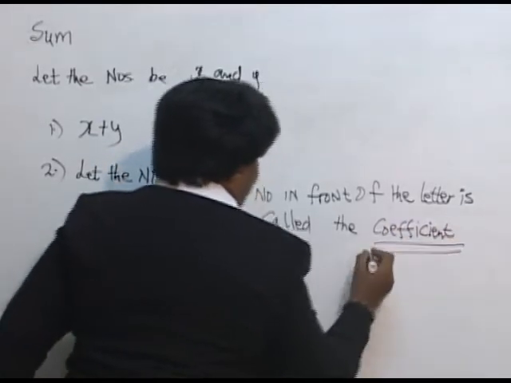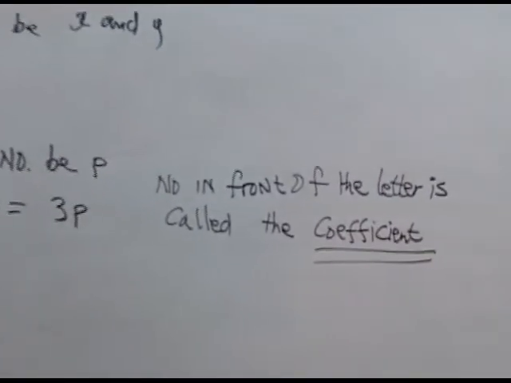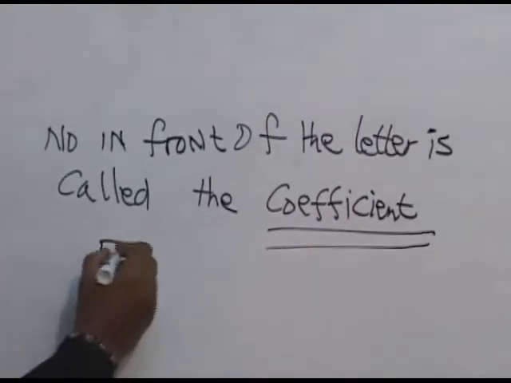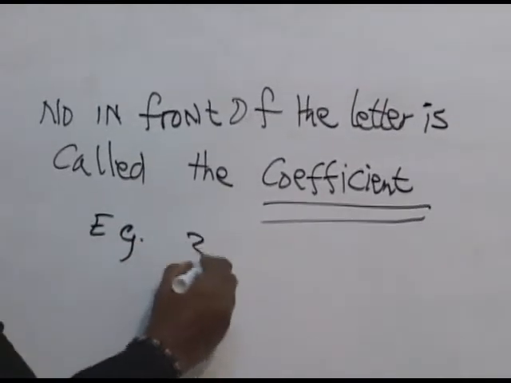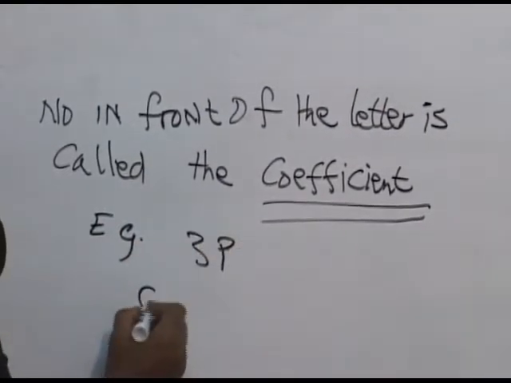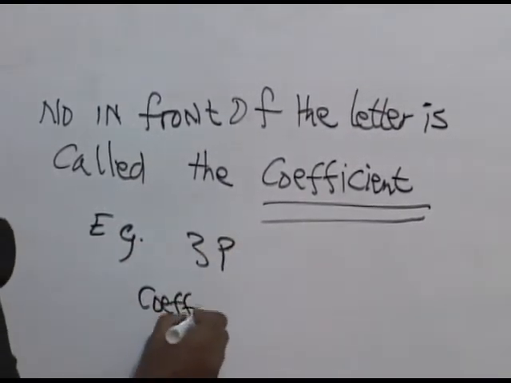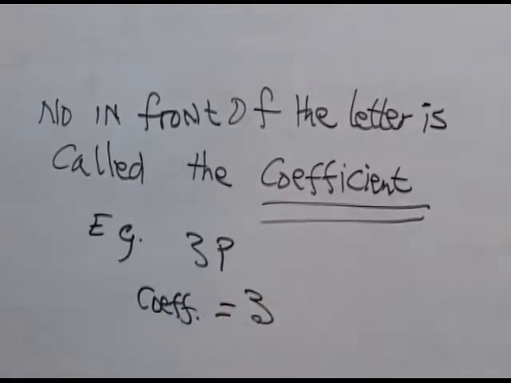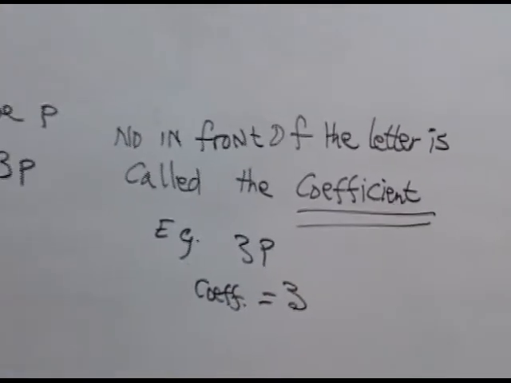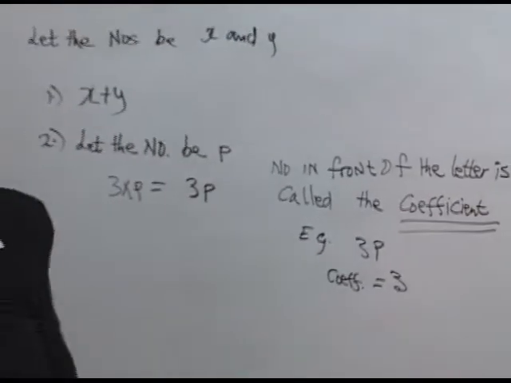So it is important for us to know that, okay? So in this example, where we have 3P, the coefficient would be equal to 3. All right? So again, we build our vocabulary as we go along.